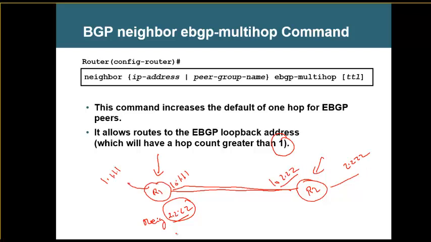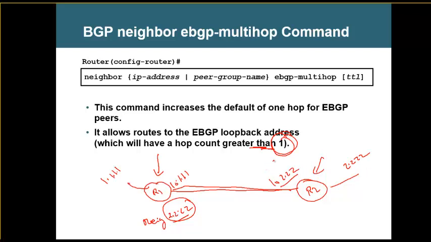So to break this expectation of BGP, you need to increment the TTL value greater than 1.